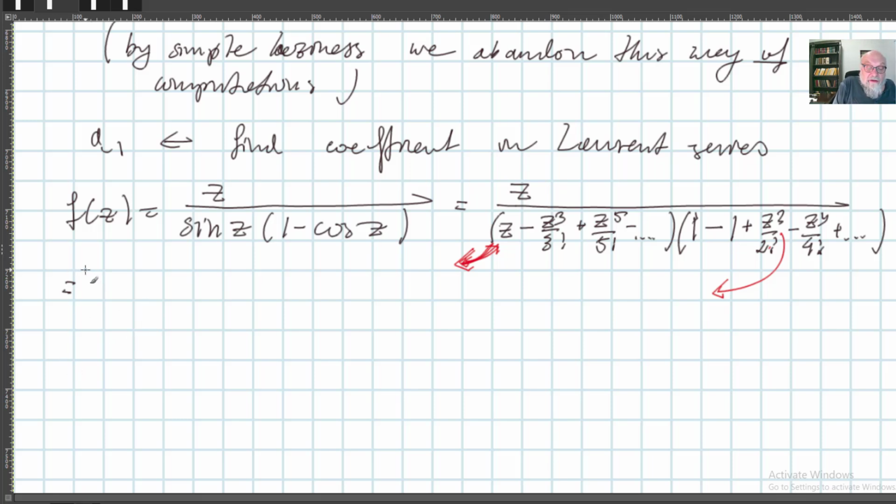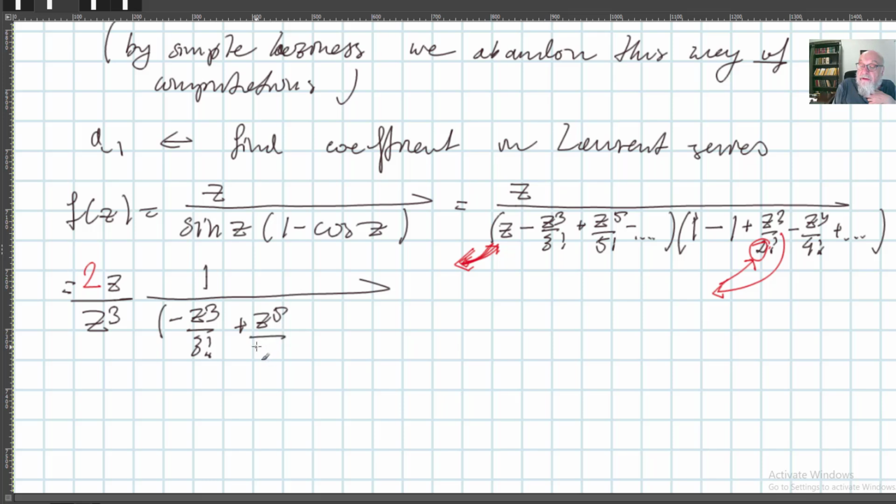I'm getting z, then the number 2 that is here, and then I have here z, and this will be z cubed, then I have here 1, and then minus z cubed divided by 3 factorial plus z to the 5 divided by, sorry.